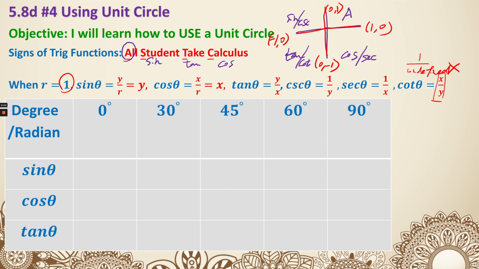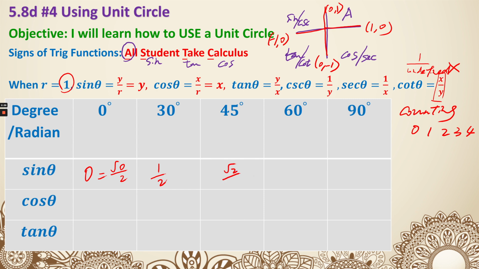Okay, and then in your notes, you actually don't have this table, but let's just quickly recall some values from the first quadrant as a quick review. If you remember, we have said, remembering trig values is just like counting 0, 1, 2, 3, 4. So for sine, it will be 0, which basically is square root of 0 over 2. Then square root of 1 over 2, which is 1/2.